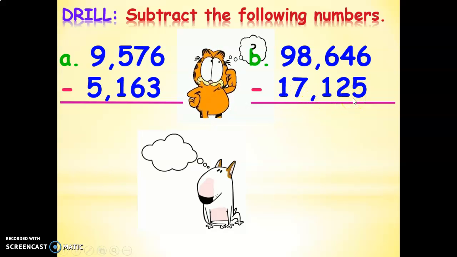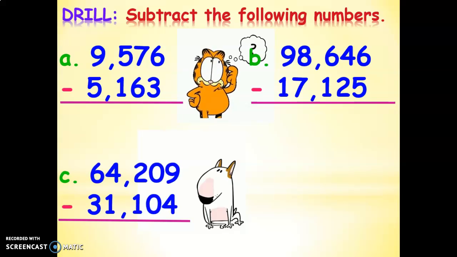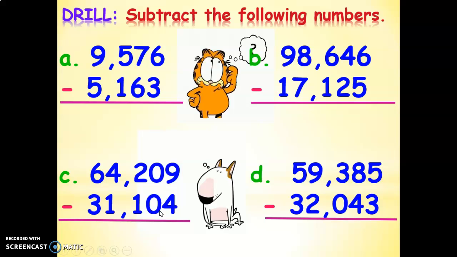Now let's see what you need to answer for letter C. You have 64,209 minus 31,104. And for the last equation, letter D, answer this. 59,385 minus 32,043. Try to think of your answer and remember the steps that we just studied a while ago.